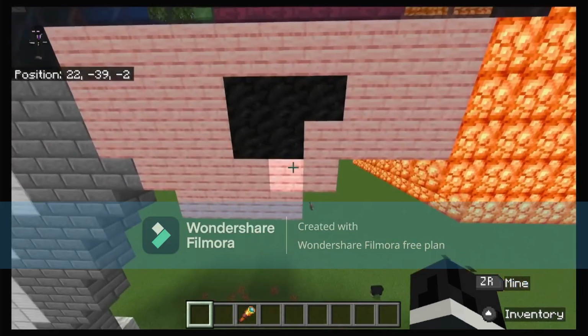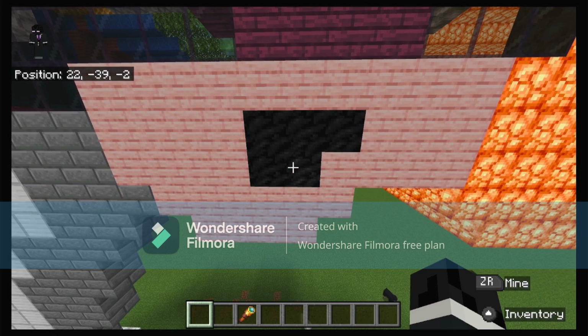Alright, moving down, we got this little black area here, which is the pituitary gland, often referred to as the master gland, because it produces and releases hormones, which trigger all the other glands throughout the body to activate.